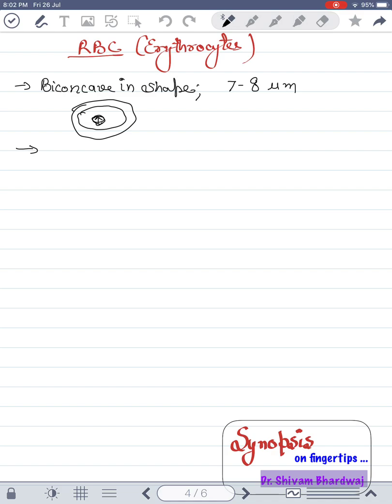Now they have certain membrane proteins, and these proteins are responsible for maintaining the membrane of these RBCs. The proteins are spectrin and ankyrin.